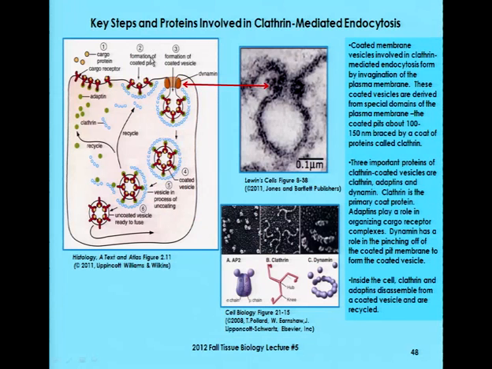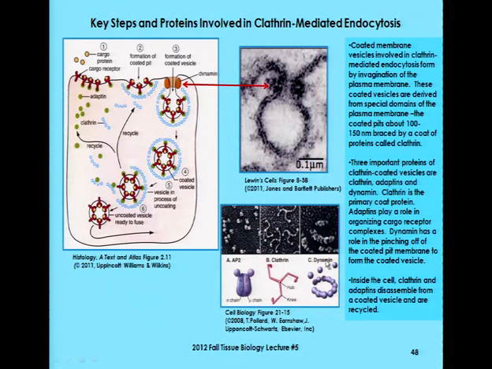Now here is, once again, a summary of the steps and the proteins involved in clathrin-mediated endocytosis. And again, the three important proteins that you should remember for clathrin-mediated endocytosis are, first, the adapter proteins. They serve to organize the cargo receptors and also bind the clathrin along the cytoplasmic side of the membrane and form that lattice network that we saw in the other micrograph.